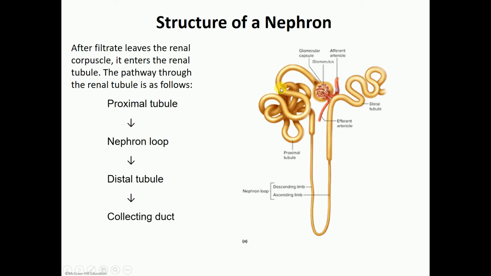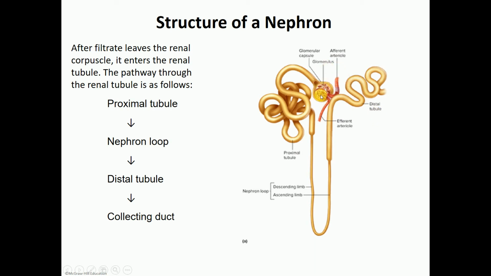This mess of tubules that are very close to the corpuscle is known as the proximal tubule or the proximal convoluted tubules, abbreviated PCT. And then we have the nephron loop. There is the descending limb and then followed by the ascending limb of the nephron loop. And then there is the distal convoluted tubule, abbreviated DCT, or the distal tubule for short.